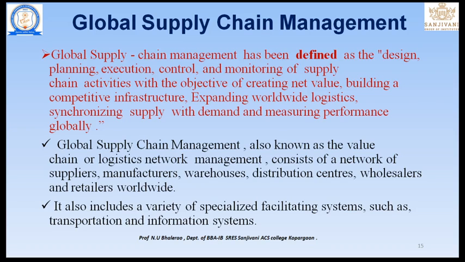As in the example of Apple Mobile, Apple is also available in Chinese, in Indian languages, and in British English. They create the product which is globally utilized by users. So it is all about global supply chain management.